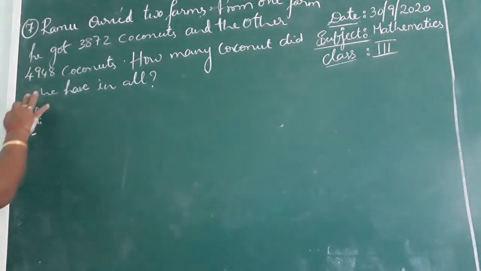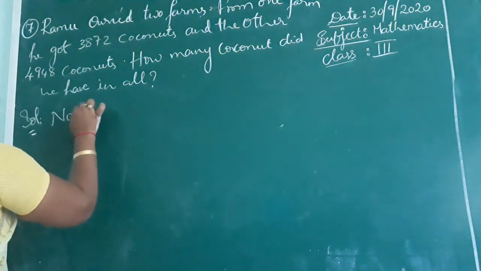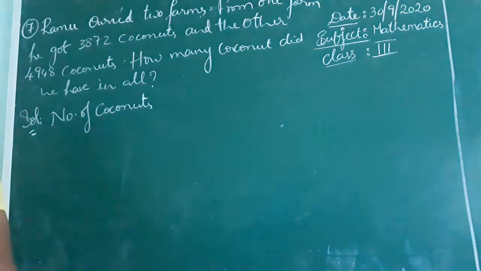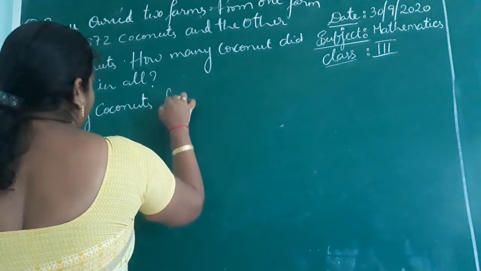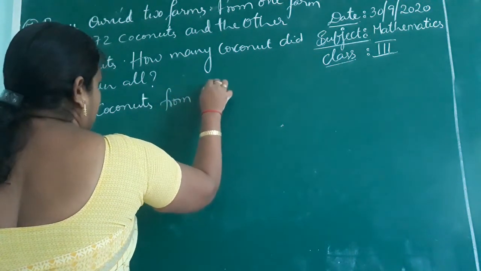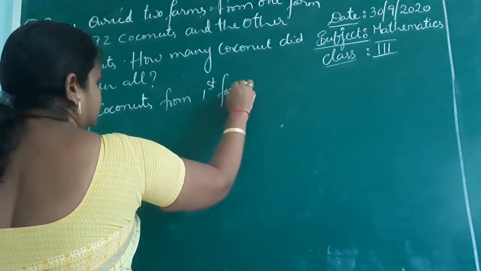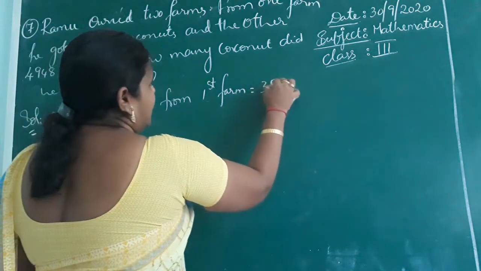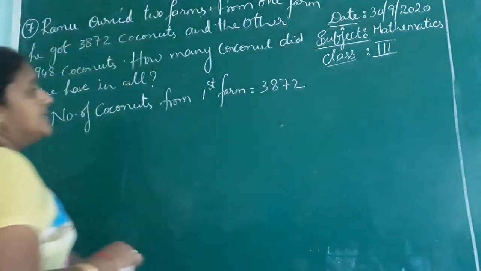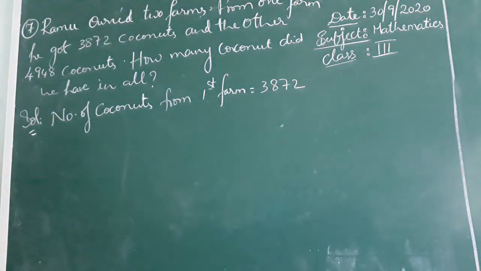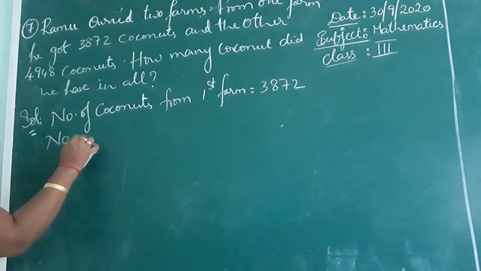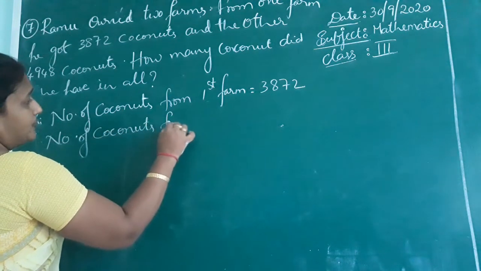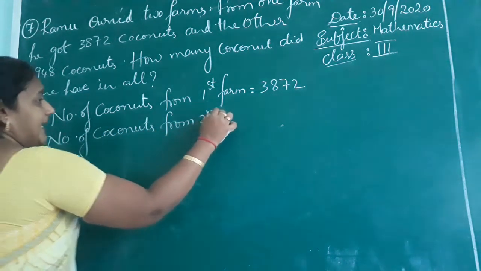So first, the number of coconuts from the first farm. Number of coconuts from the second farm.